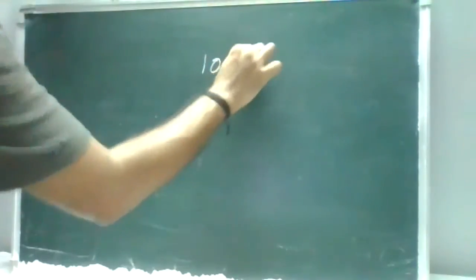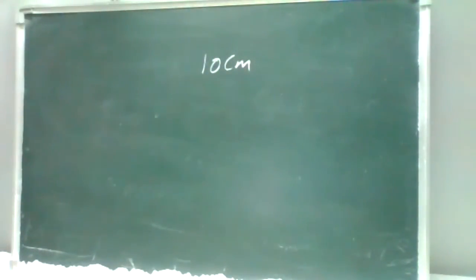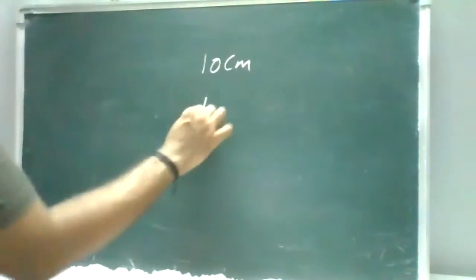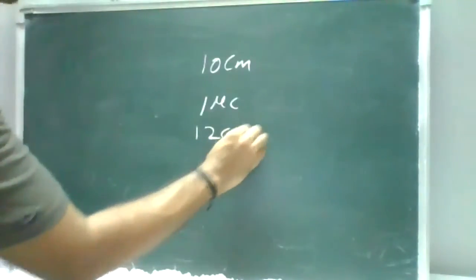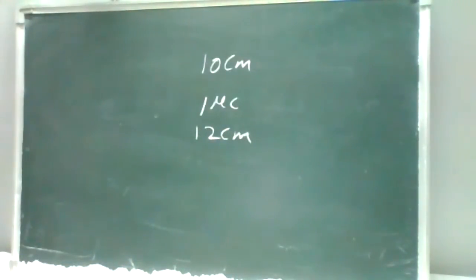Calculate the electric field due to an electric dipole of length 10 centimeters, having charges of 1 microcoulomb, at the equatorial point 12 centimeters from the center of the dipole.